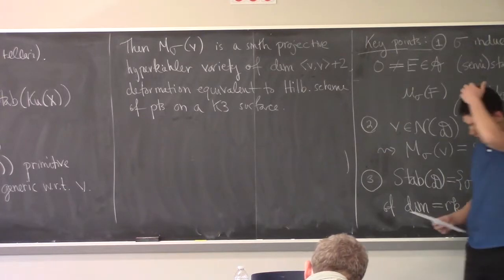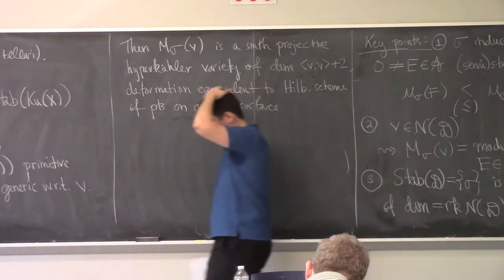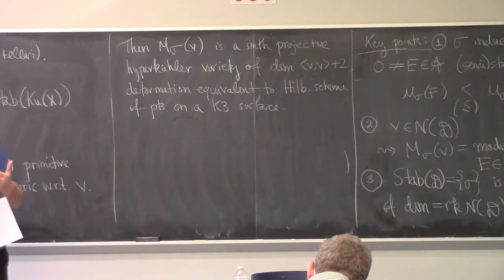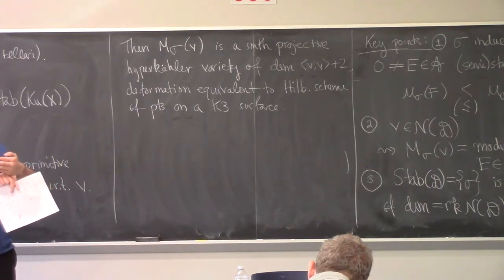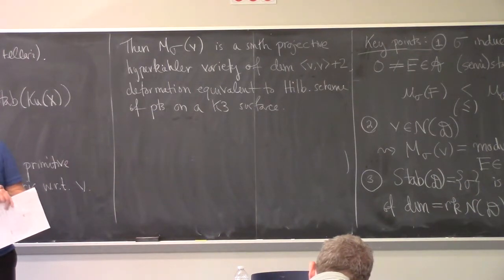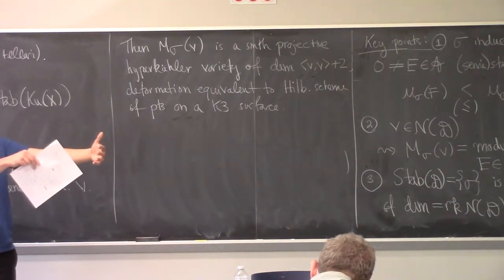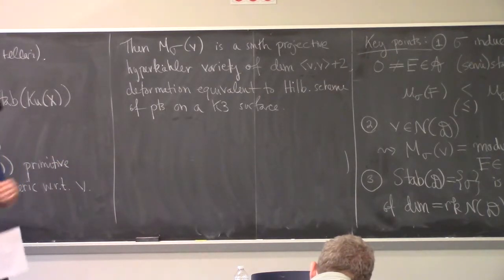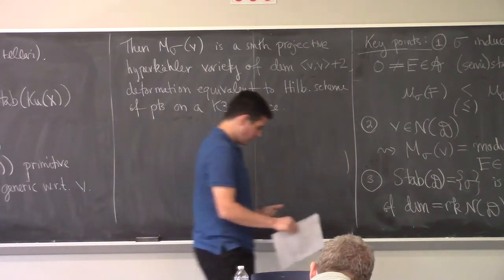And the idea behind our proof of this theorem is a deformation theoretic argument. In some sense, what you want to do is specialize your cubic fourfold to the case where Q is D of a K3 surface. We know what happens in that case, so then you'd like to deform back to a generic cubic fourfold.